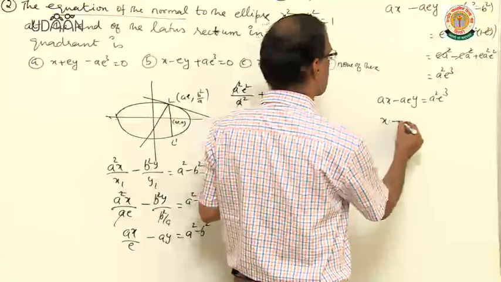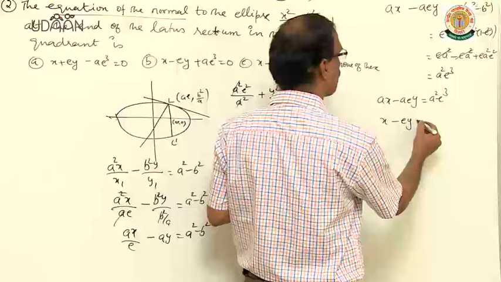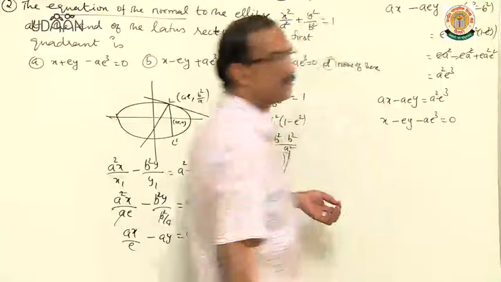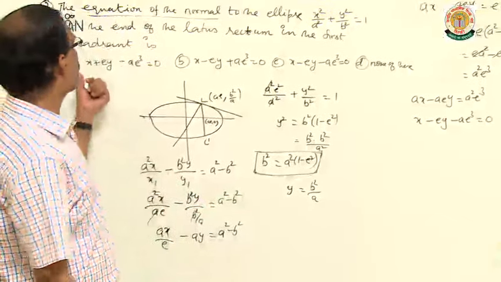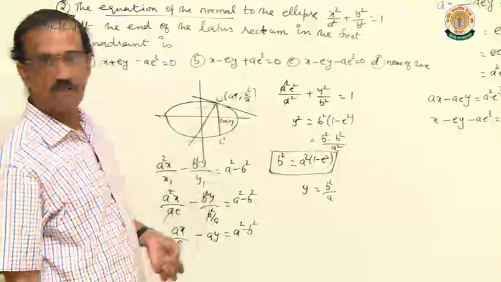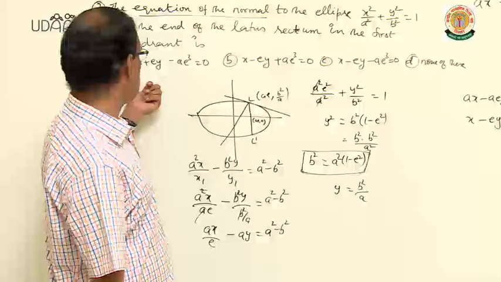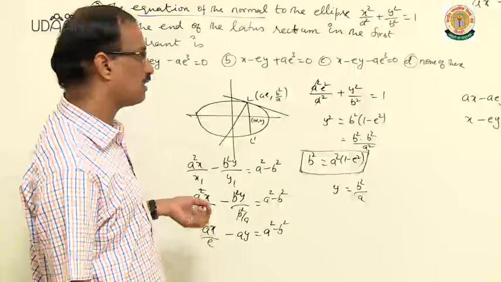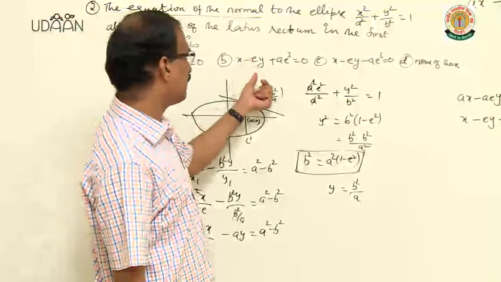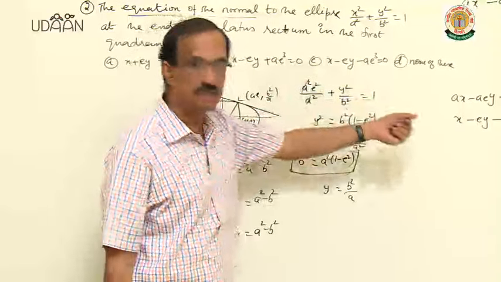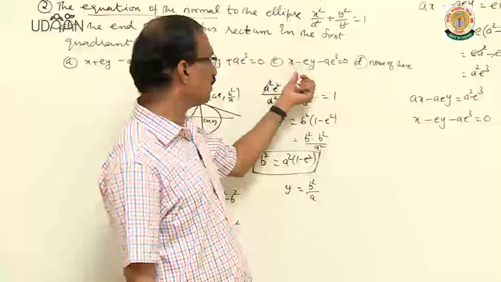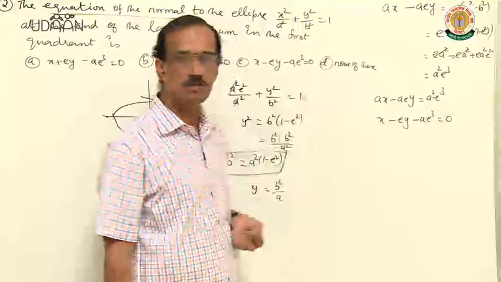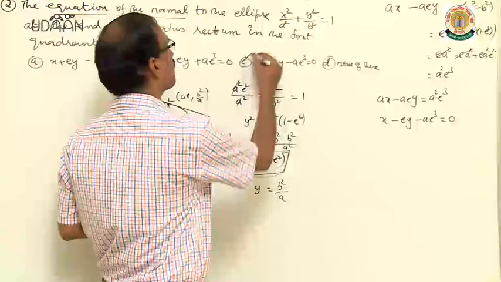So x minus ey minus a e cube equal to 0. So now what we have is the equation, we have the options. It is x minus ey, but in one option it is plus and here it is minus. Now we have another one, x minus ey minus ae cube equal to 0. So this will be the right option.